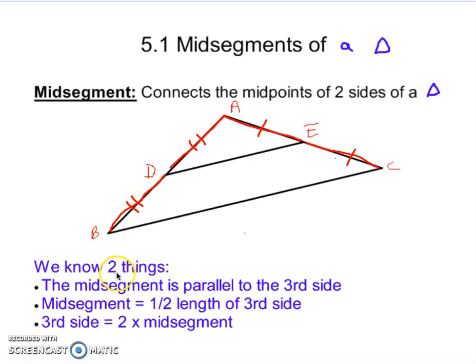We also know that a midsegment is parallel to the third side, which means if this is our midsegment DE, the side directly across from it has to be parallel with it.